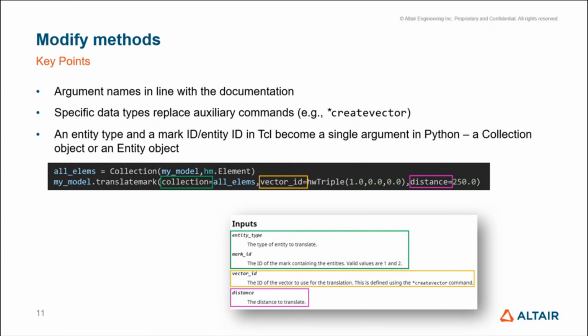And last but not least, a distance, right? That's the same thing. So we're hoping with this approach, people new to our automation API layer in general will find all the information necessary in the documentation, but also existing users moving from TCL to Python will find it natural.